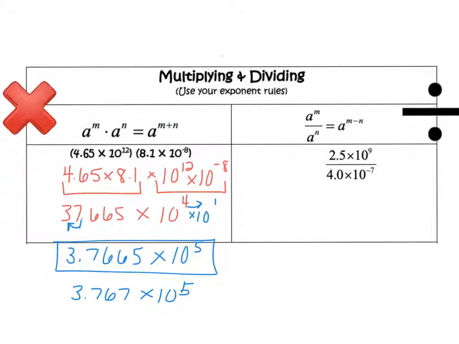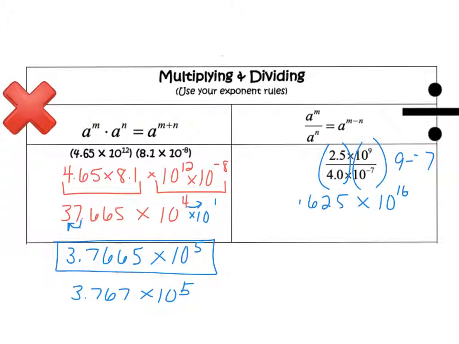Okay, let's look at a quotient. In the next one, I'm going to kind of group this like this. I'm going to divide 2.5 by 4, where I get 0.625, or 5/8, times 10 to the, take the top exponent minus the bottom exponent. So that's 9 minus negative 7, not 9 minus 7, which gives me 16.